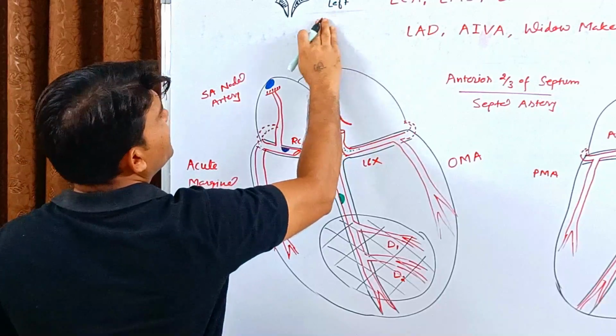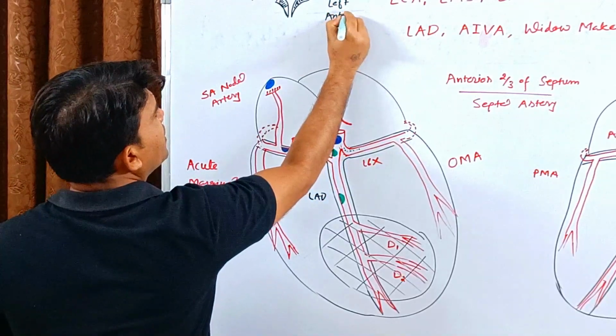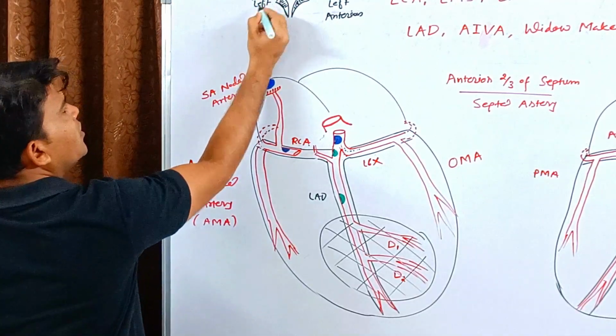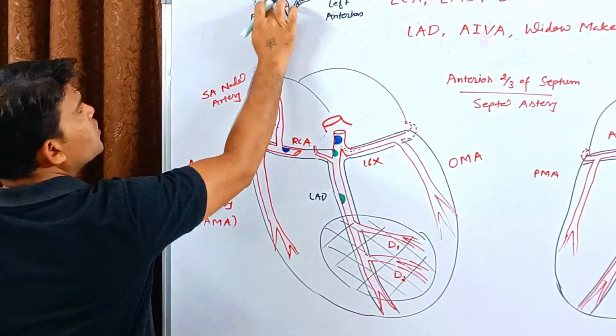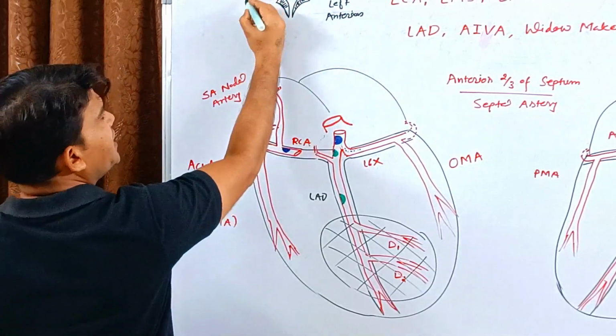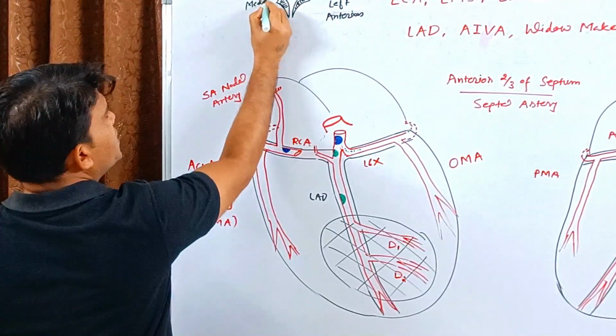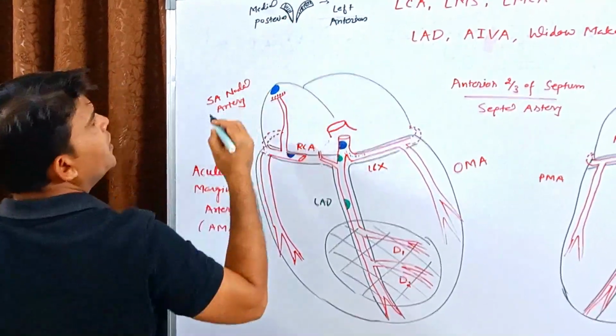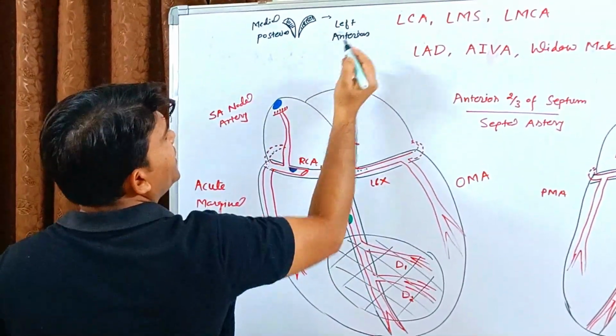Sorry, my mistake. This is the left and anterior leaflet, and this is basically left and posterior. Sorry, posteromedial. This is the medial side, medial and posterior, the posteromedial leaflet.